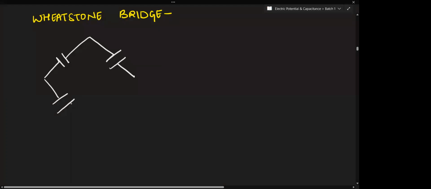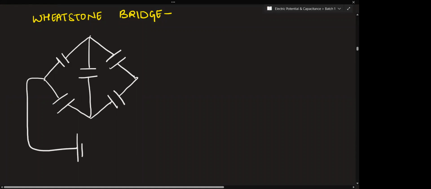Just look at the wiring, don't look at the symmetry. And a fifth capacitor has been connected in this manner. And the whole circuit has been connected to a cell.